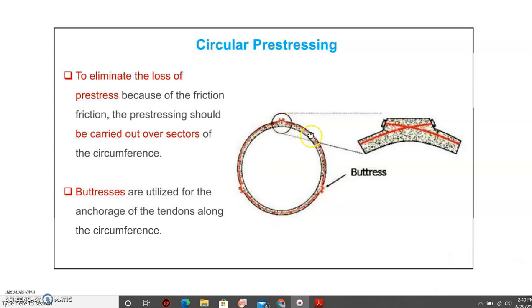Consider this as sector 1, the next sector, and the next sector. Each sector is connected by a buttress. This buttress helps in anchorage of the tendons along the circumference. When you adopt circular pre-stressing, the losses can be eliminated.